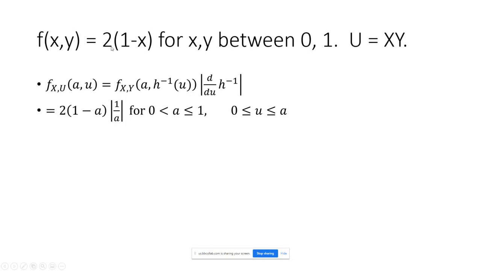So our joint density of x and y was 2 times 1 minus x. So we have 2 times 1 minus a. So here there weren't any y's that we needed to replace with u over a. And then we're multiplying by the absolute value of the derivative of H inverse, which was 1 over a. And this is valid for a, or x, between 0 and 1, and u between 0 and a, which was what we found on the last slide for the range of values for u.